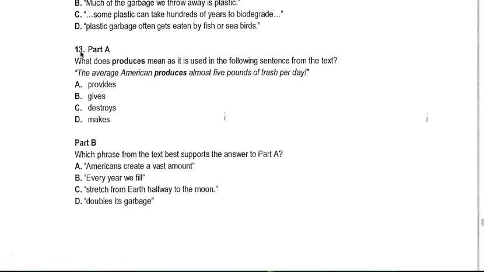Number 13, Part A. What does produces mean as it is used in the following sentence from the text? The average American produces almost 5 pounds of trash per year. Does produces mean provides, gives, destroys, or makes?